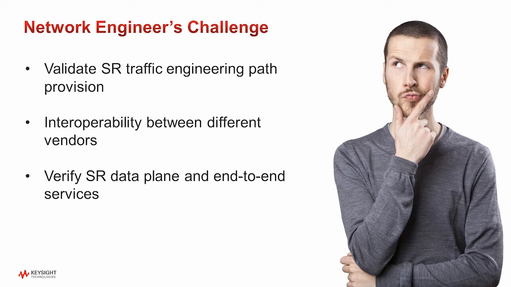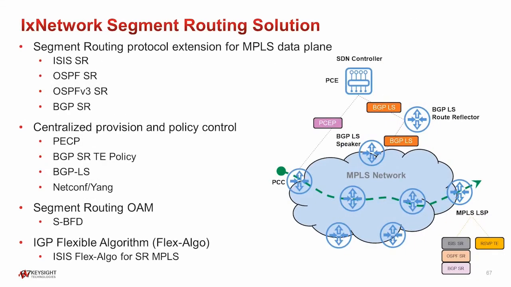The network engineers need to ensure that proper provisioning is happening and interoperability is also present while using these segment routing technologies. IxNetwork has the most comprehensive coverage of segment routing protocols, starting from ISIS, OSPF, BGP, SR. It supports centralized provisioning and policy controls through PCEP or NETCONF-YANG or any other methods.